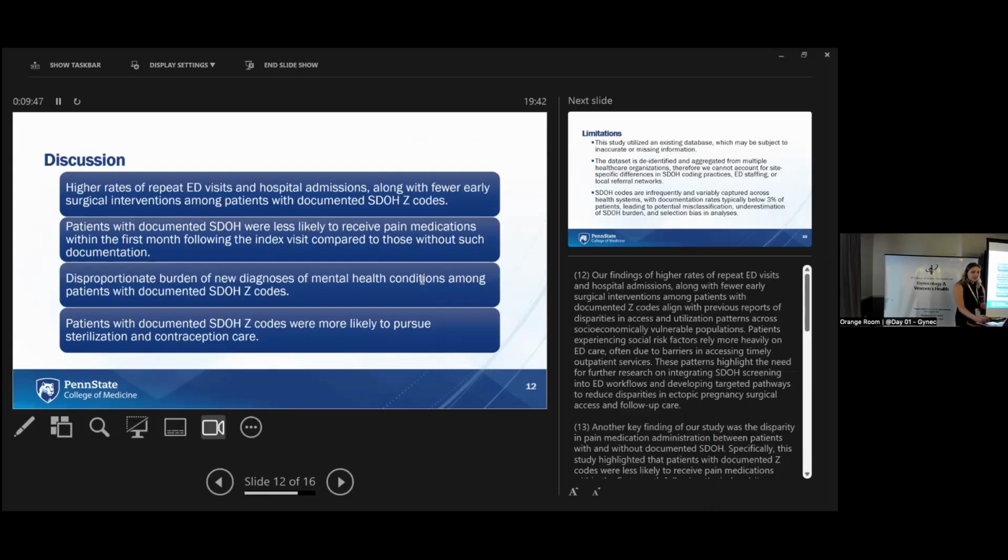Previous studies suggest that women from lower socioeconomic backgrounds may experience both implicit and explicit pressure to use contraception and limit family size, with physicians more frequently counseling these patients on long-acting or permanent options. These findings align with our observation of increased rates of contraceptive use and sterilization in the SDOH group, and may reflect a combination of increased patient desires, targeted counseling, and system-level influences.